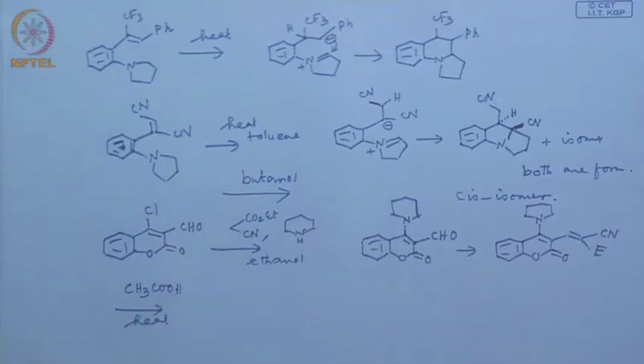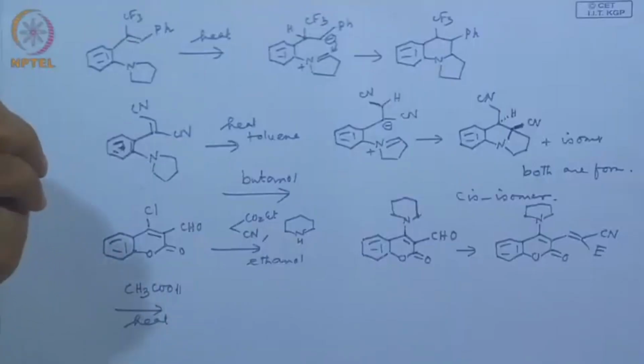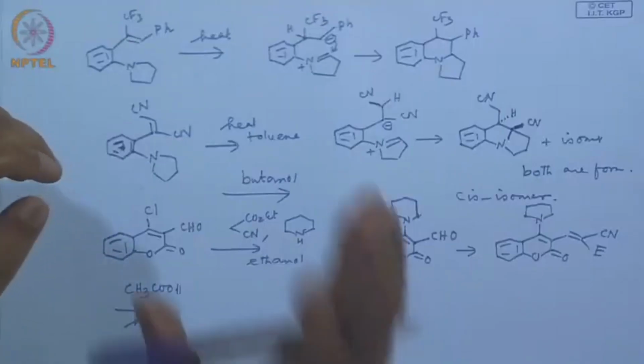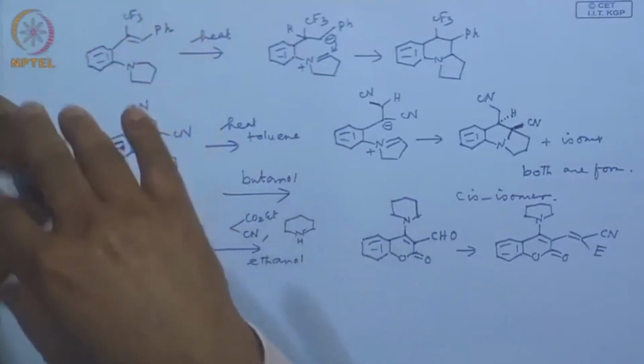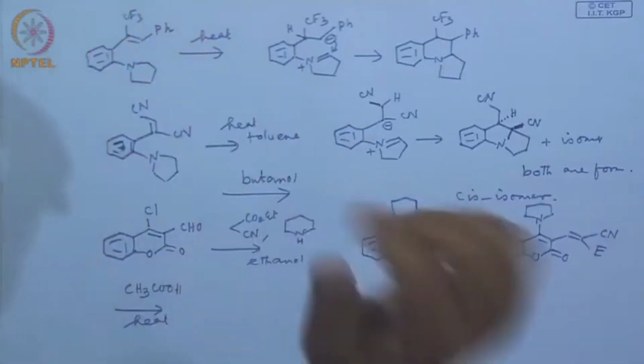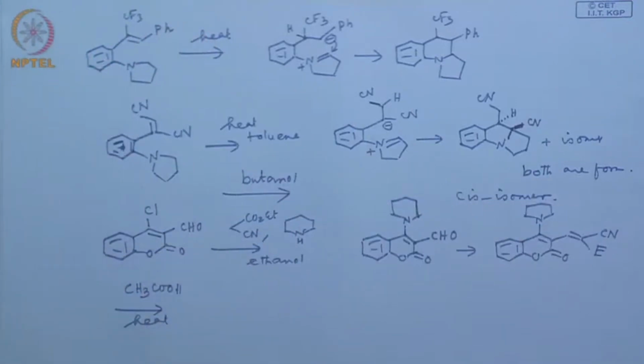So far we have been seeing that either toluene or butanol has been used, but in this case you have acetic acid and just simply heat. Okay. So, what do you expect? We know now the requirements are fulfilled, that we have a double bond here.